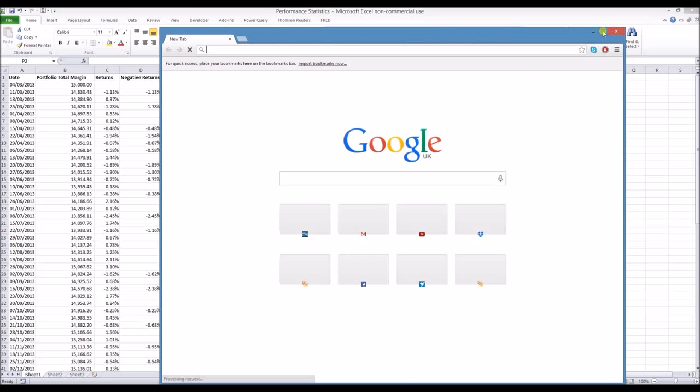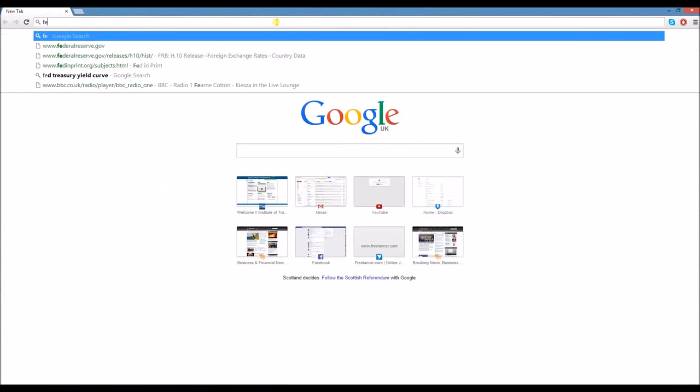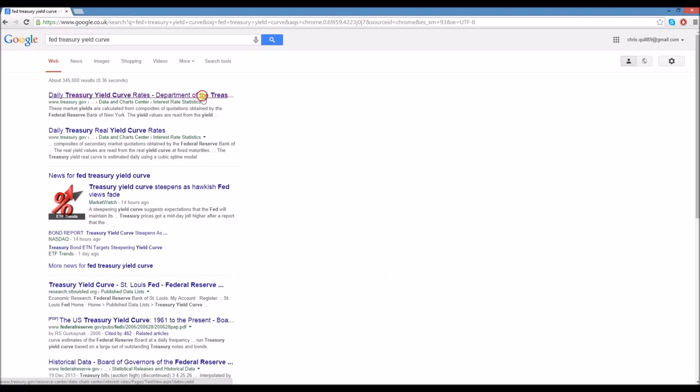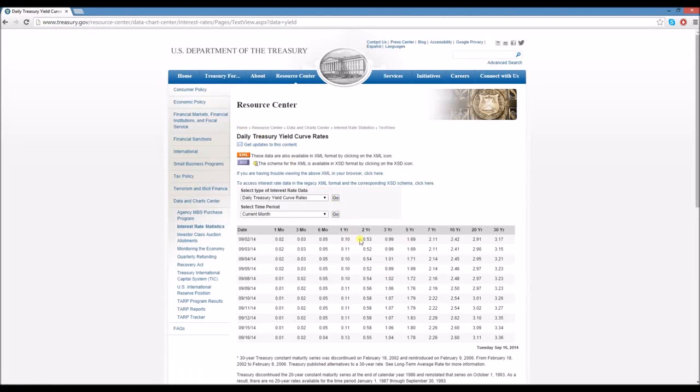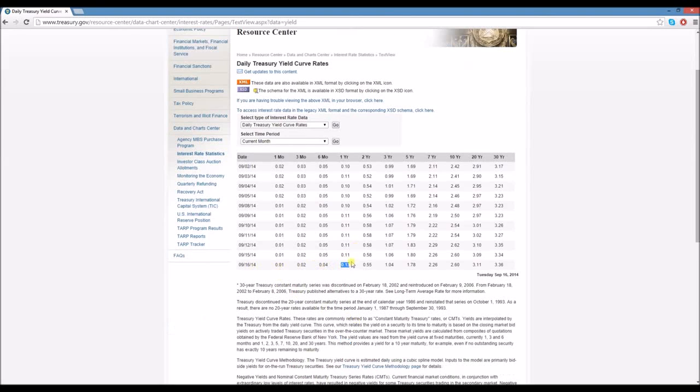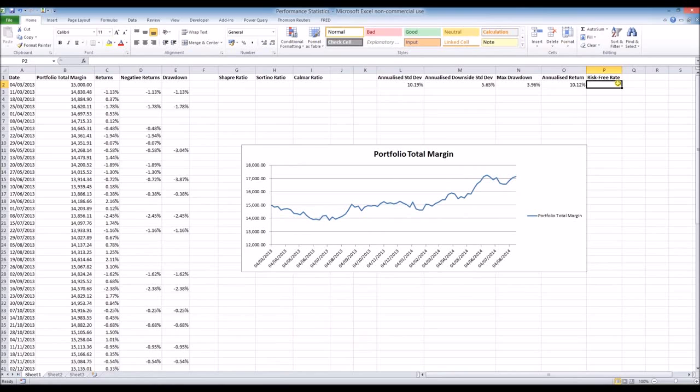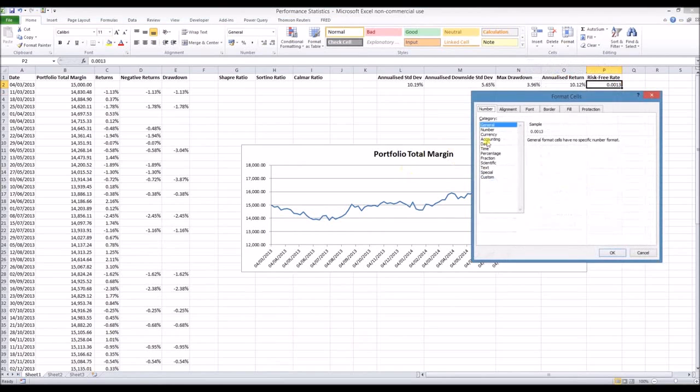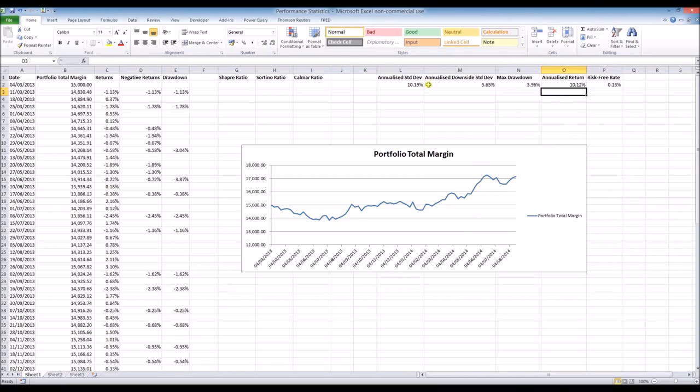So I'm just going to go to Google and Google Fed Treasury yield curve and just extract the latest 1 year Treasury yield. So that is 0.13%, and just put that in here as a decimal. Then we can change it to a percentage. Okay, so these are all our inputs now that we can use to calculate the Sharpe, Sortino and Calmar ratios.